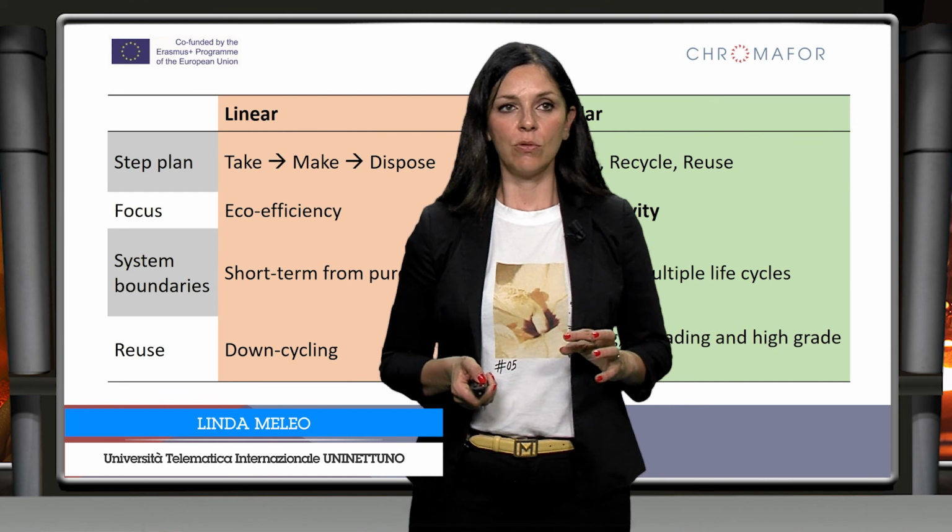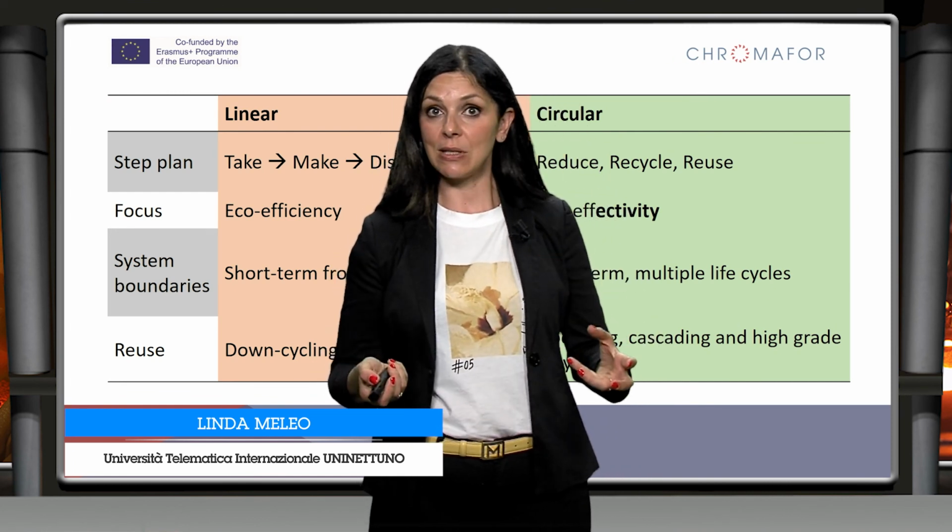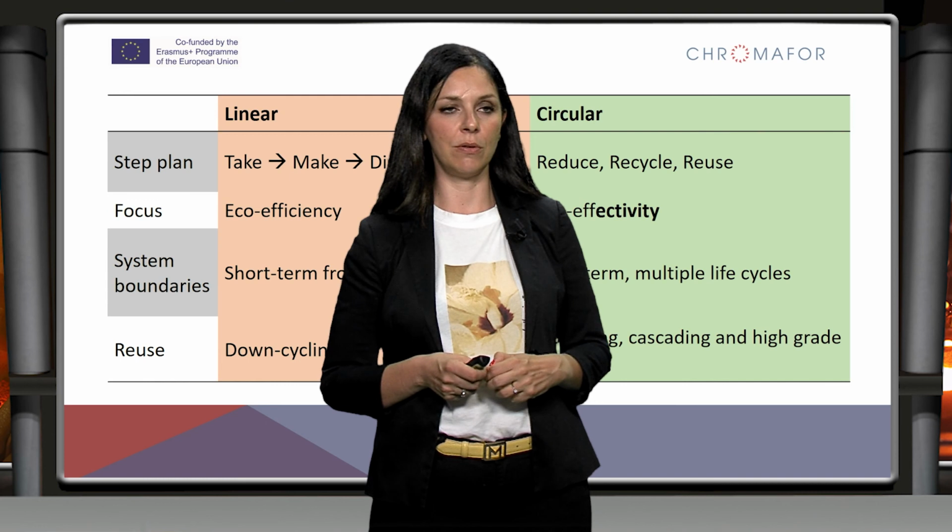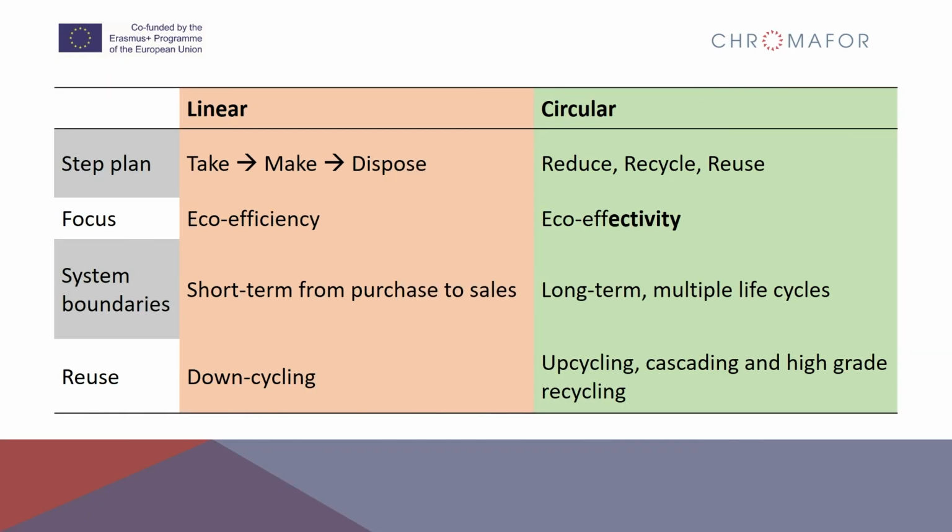So finally, to sum up all the things we said during this lecture, this table synthesizes the differences between linear and circular economy. About the approach, the linear economy is organized in a take, make and dispose way, while circular economy is organized in order to reduce the use of input, to recycle and to reuse. The focus of linear economy is eco-efficiency, while in circular economy we have in mind eco-effectiveness.